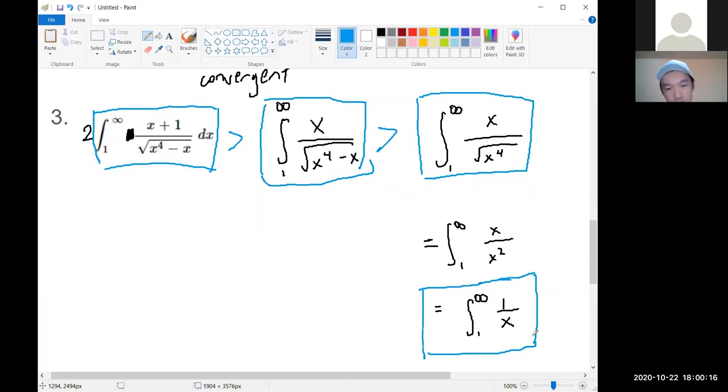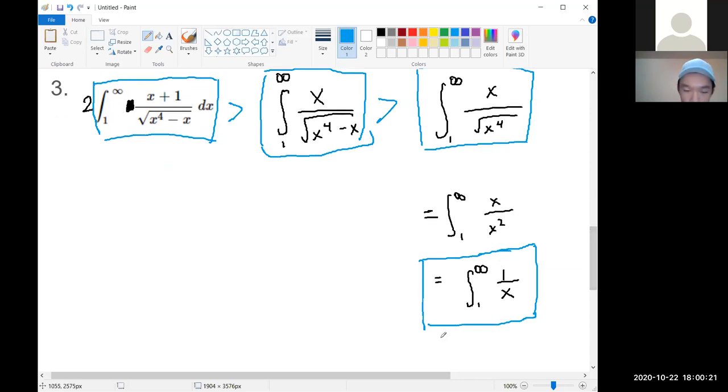So let me mark that down. If this integral is divergent, can we conclude anything about our original integral? The original is also divergent. Yeah, and the reason is because... can you finish the reasoning?